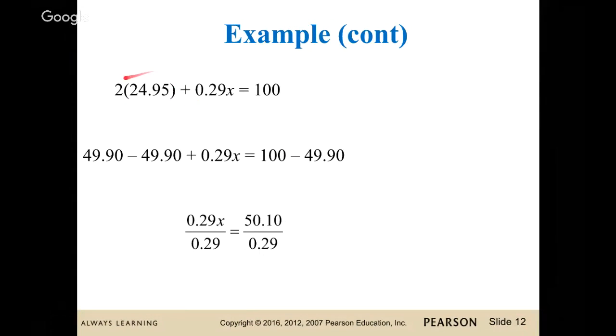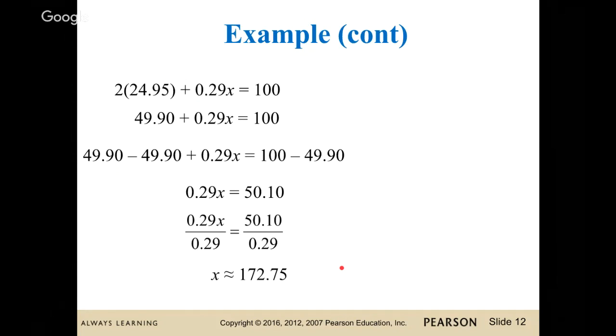Okay, so you distribute this 2, so you multiply this 2, and then you get the x by itself, and that should give you your solution. Okay, so it's going to tell you approximately, this is going to be a decimal, and it asked for how many whole miles you can drive.